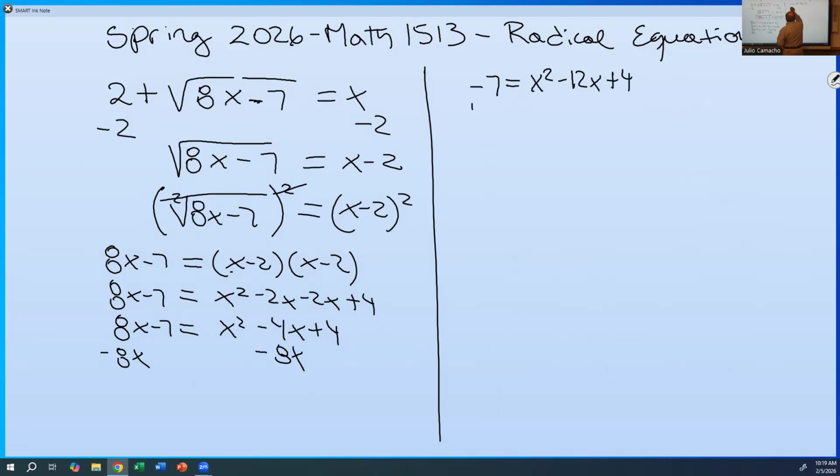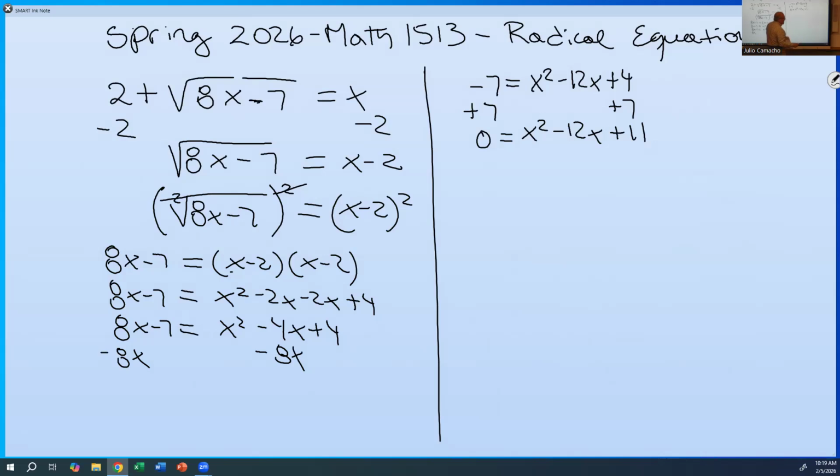And then I will add 7 to both sides. That becomes 0 is equal to x squared minus 12x plus 11.